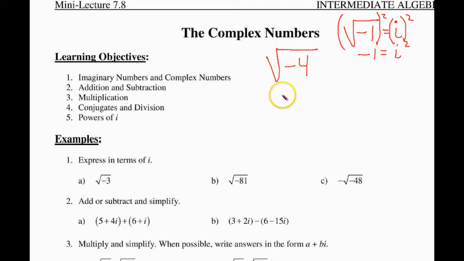Now, another important thing is complex numbers are made up of a real number part and an imaginary part. And when we write it, we write complex numbers in the form of a, which is your real number part, plus bi, where i is the imaginary part and b is a real number.